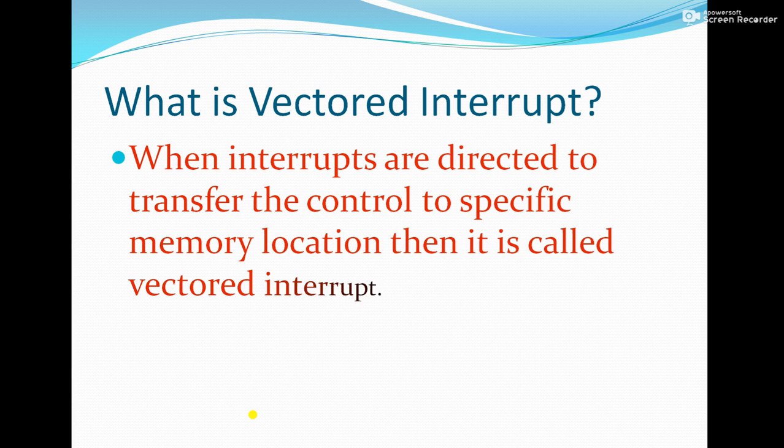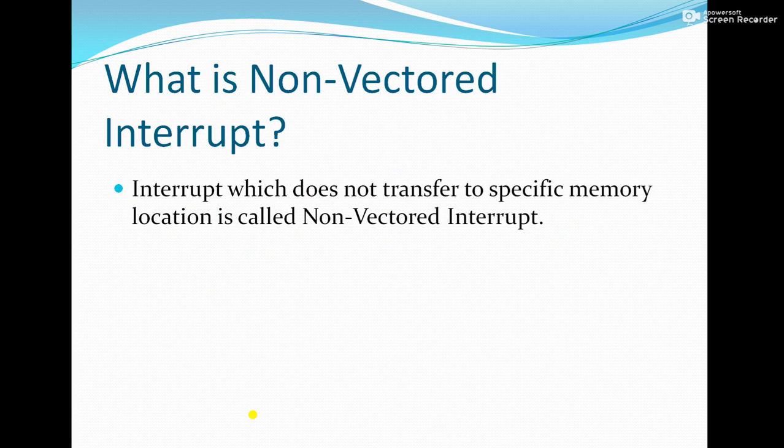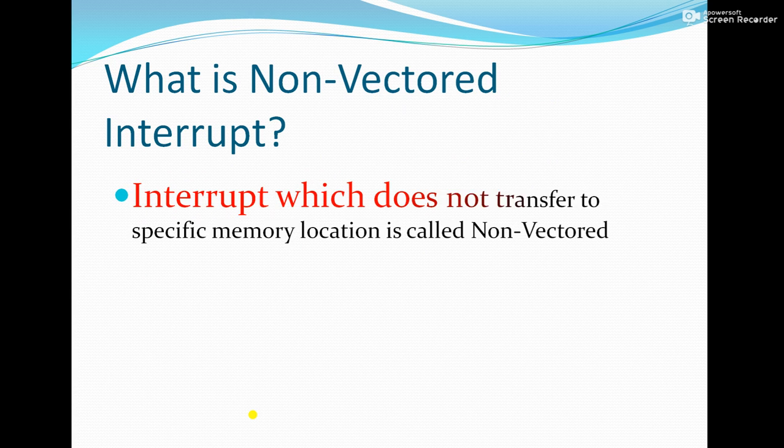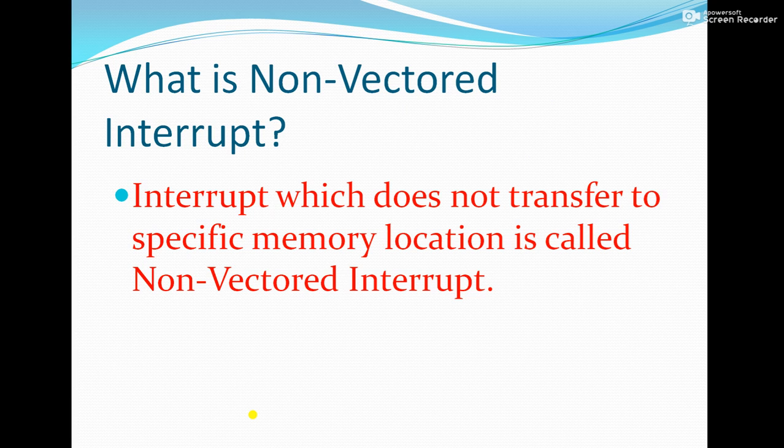It means when an interrupt is given, control transfers to a specific memory location. What is non-vectored interrupt? An interrupt which does not transfer to a specific memory location is called non-vectored interrupt.